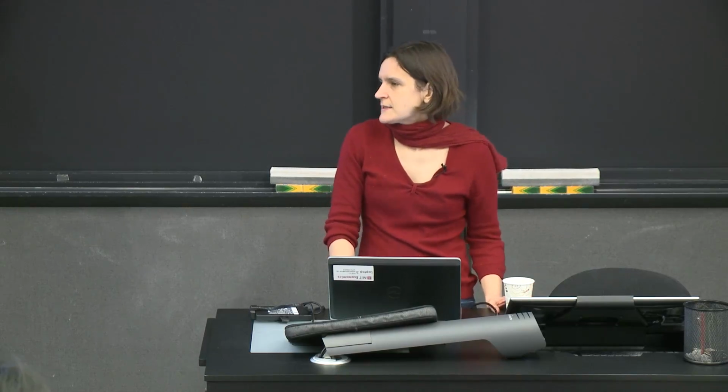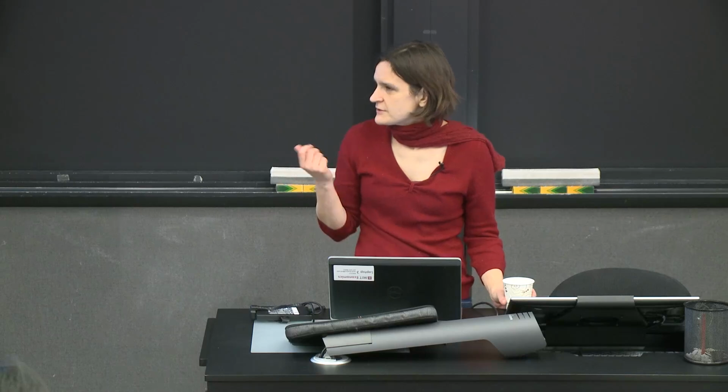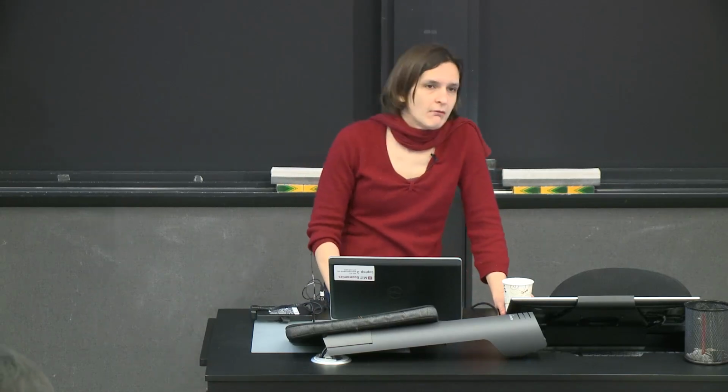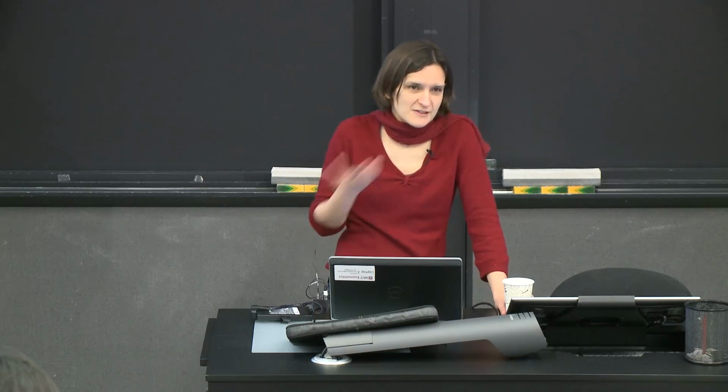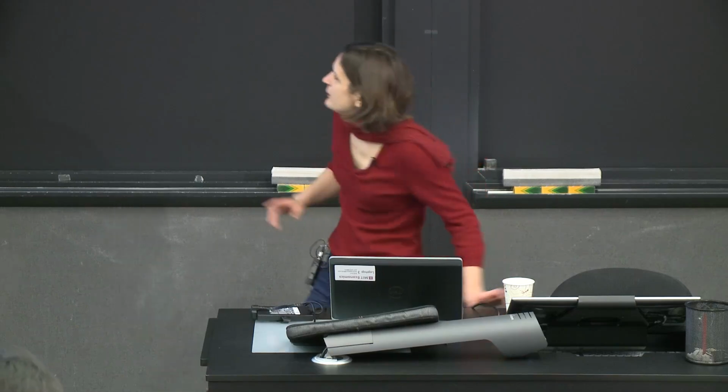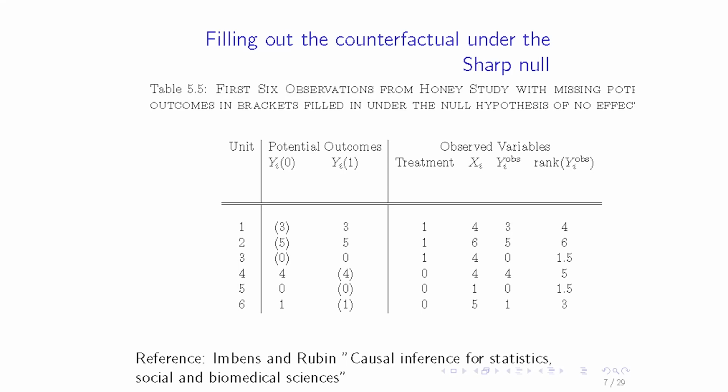So we could test the sharp null, which is the treatment effect is exactly 0. We could test the sharp 1, that the treatment effect is exactly 1. Then it also gives us the entire counterfactual, because we know that if the treatment effect is exactly 1, then the potential outcome treated is 3, the potential outcome control is 2.